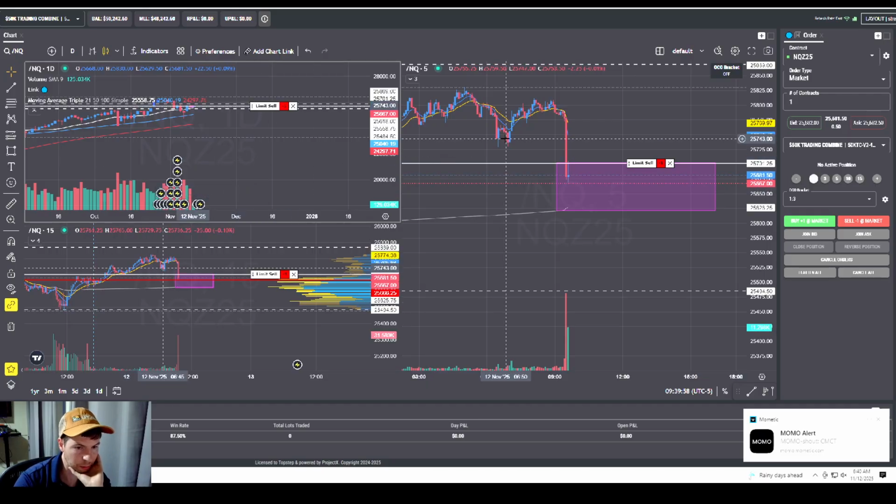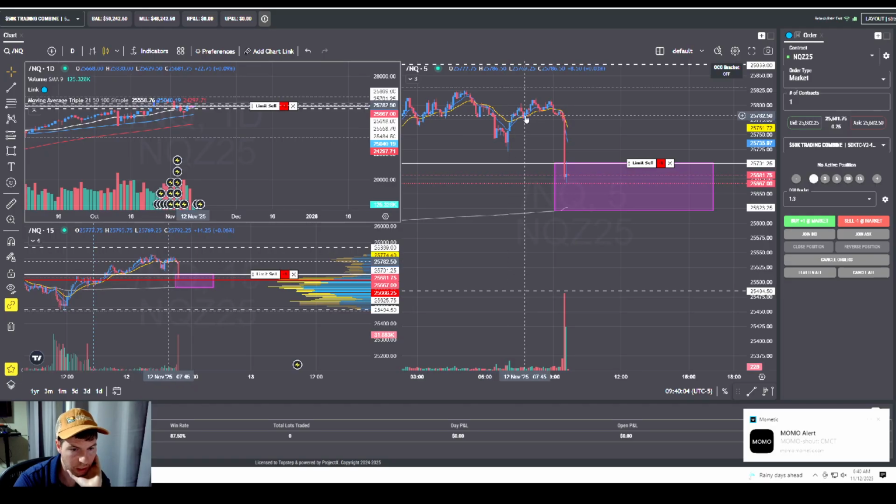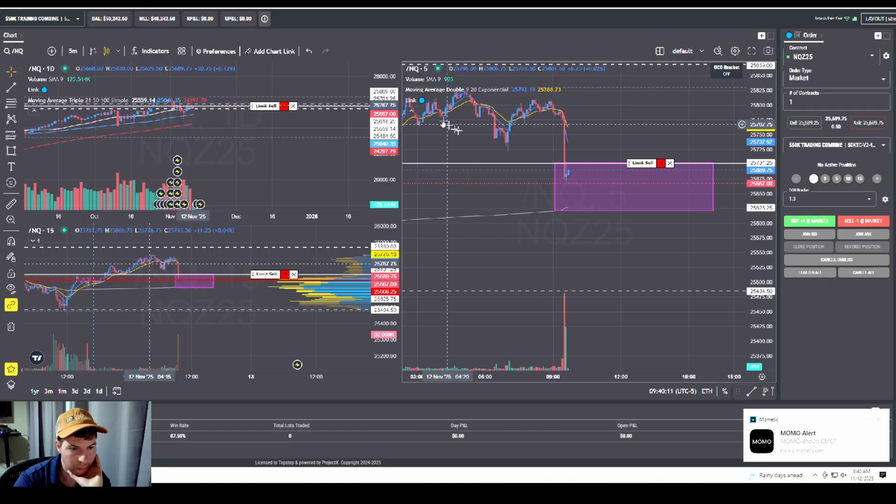I guess we could talk a little bit about my indicators. Right now I'm running with a 9 EMA and a 20 EMA. I like this; it helps me figure out if we're trending or not. And then I usually also have VWAP on here as well.